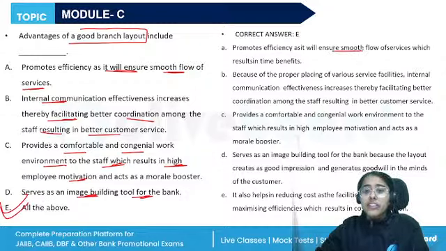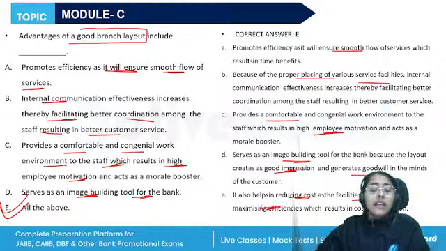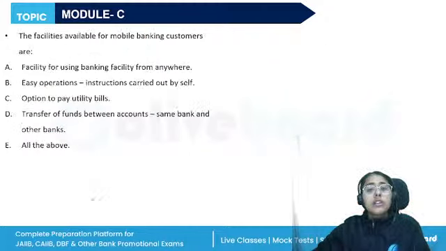It promotes efficiency, proper placing of various service facilities, and a comfortable environment, so employee motivation will also be high. Image building tool, good impression and generates goodwill, helps reduce the cost because the facilities are planned at maximizing the efficiencies. So it results in cost optimization as well. So all of these are the advantages of a good branch layout.